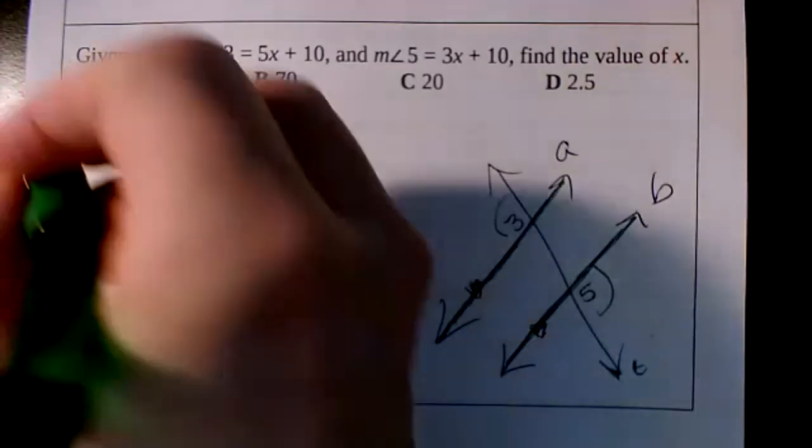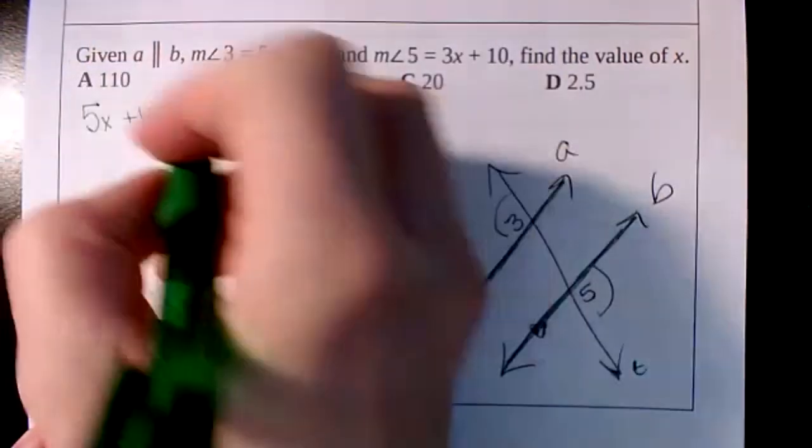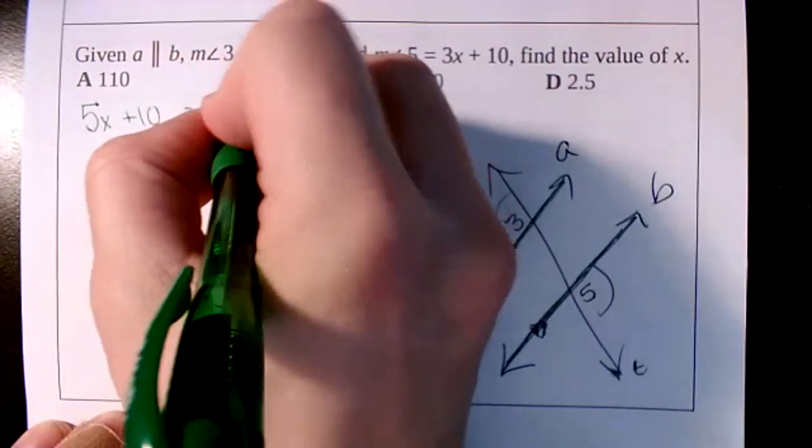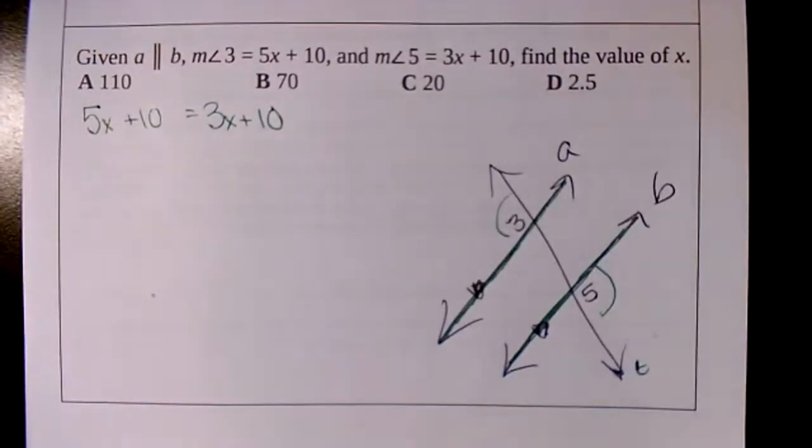5x plus 10 equals 3x plus 10. Some of you might know the answer right away, and if that's the case, then great. But I'll give you like 30 seconds to get a jump start.